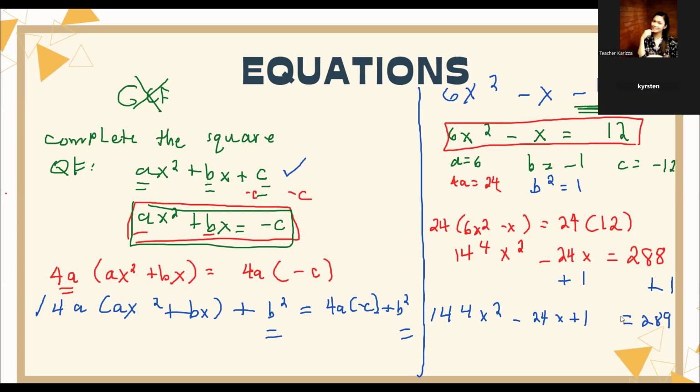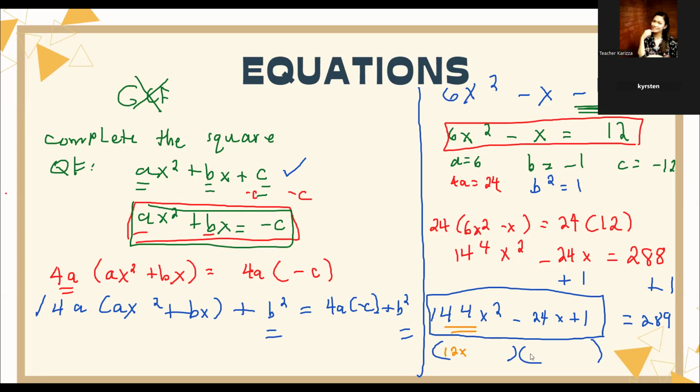Now, what this does in completing the square is that the left-hand side becomes factorable. Okay? Para pwede na nating gawin yung gantong step. Okay? So, this is factorable na at this time. So, this is 12 times 12.